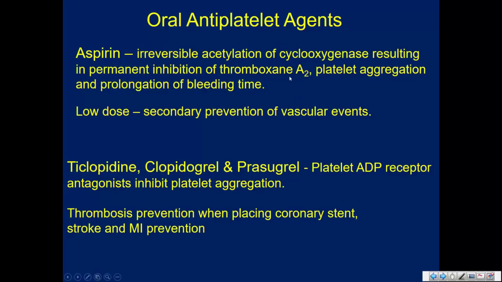So, the permanent inhibition of thromboxane A2 inhibits platelet aggregation and prolongs bleeding time. This is the basis for so-called low-dose therapy, or as some people say, baby aspirin, which is stupid. You don't give babies aspirin, right? Okay.